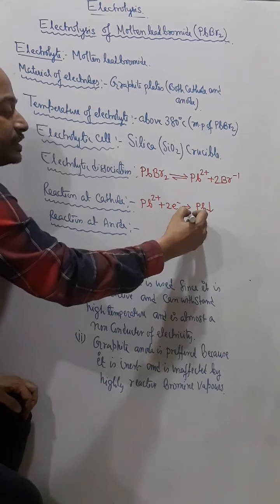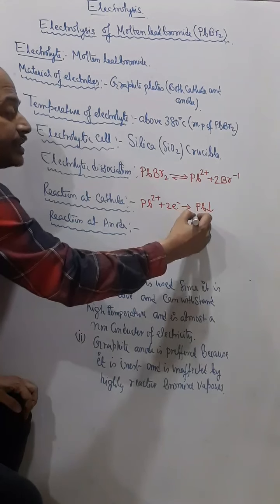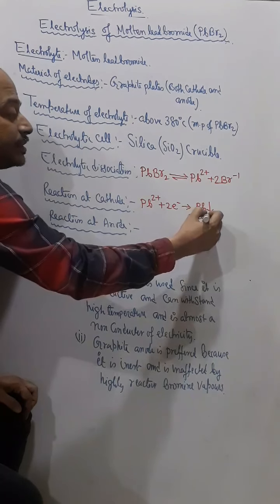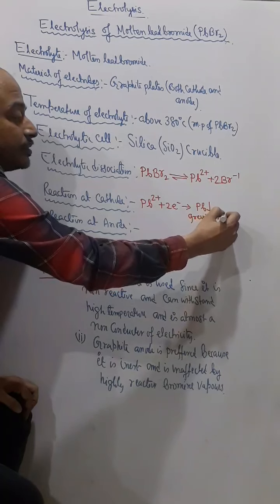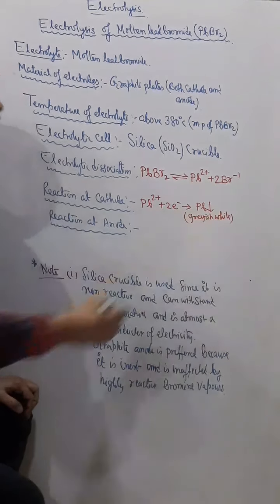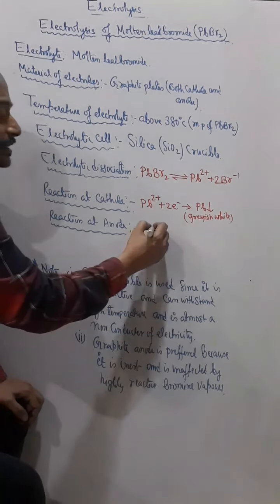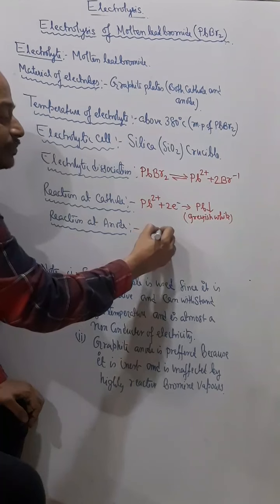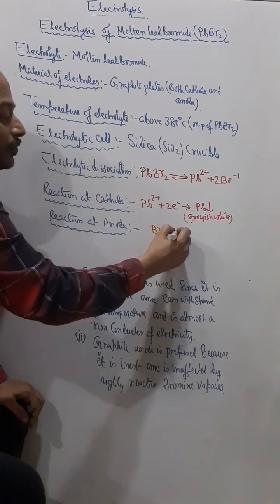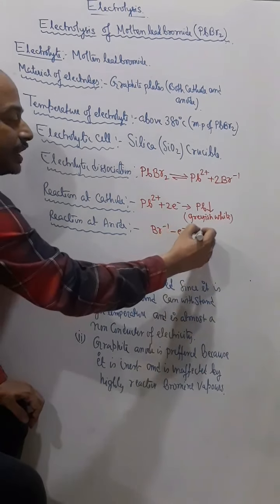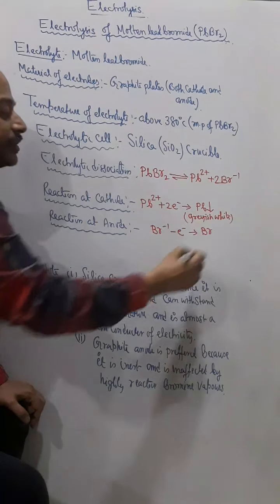It is a grayish white, or you can say silvery white. So you'll have a grayish white deposit at the cathode. And reaction at the anode: bromide ion will lose an electron and will form a bromine atom.